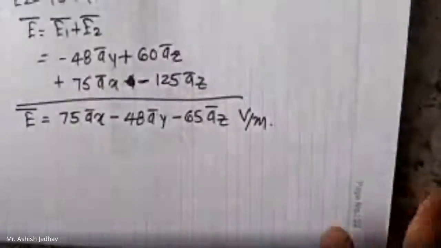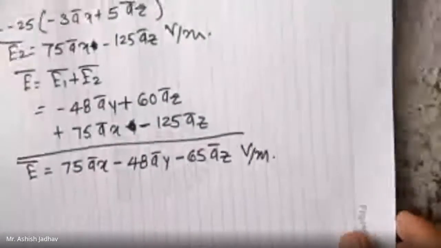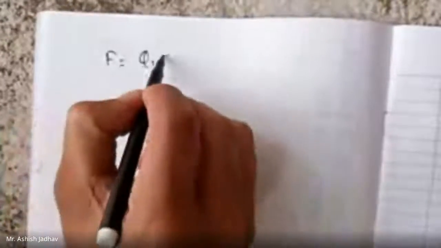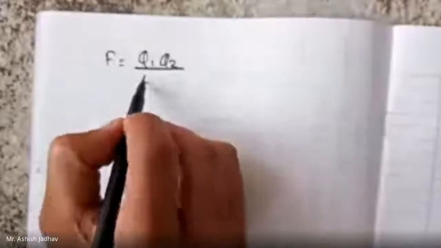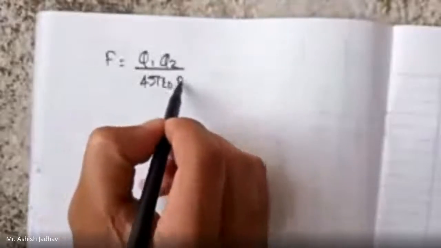So up till now we have studied Coulomb's law, which is to find the force. If I just recall, F is equal to Q1 Q2 upon 4 pi epsilon naught R square, and direction is also important.